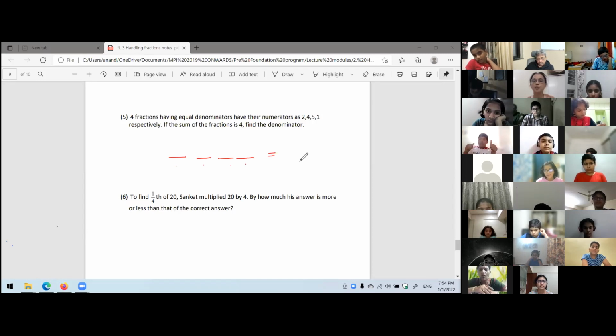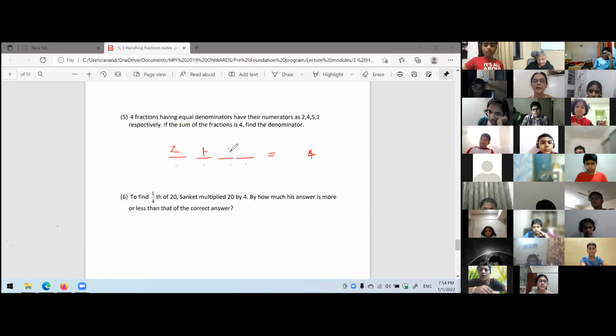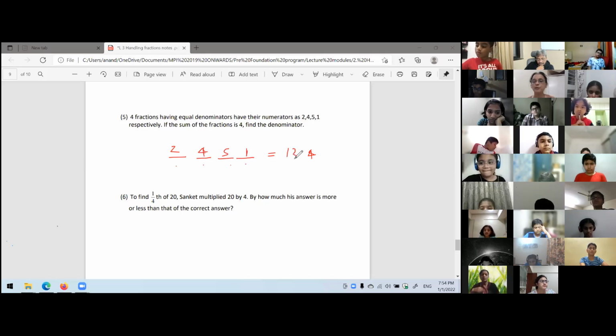If the sum is 4, what is the meaning? Their numerators are 2 plus 4 plus 5 plus 1. So 4 plus 2, 6, 6 plus 5, 11 plus 1. If the numerator sum is 12 and I want the answer to be 4, what has to be the denominator? 3.